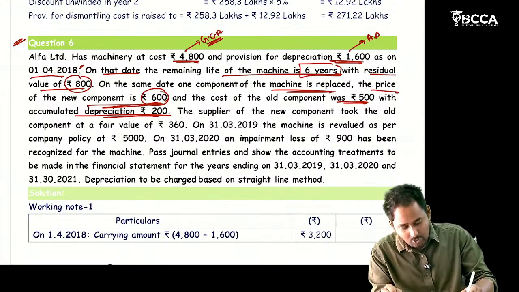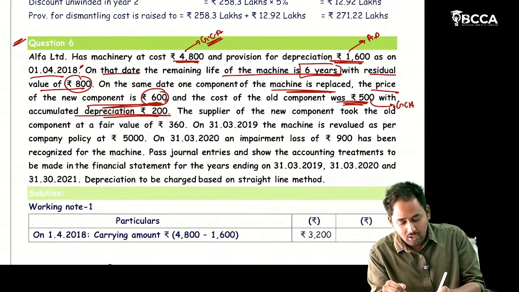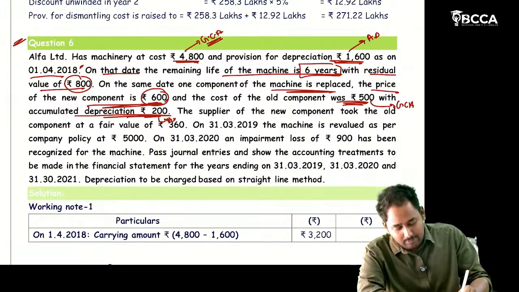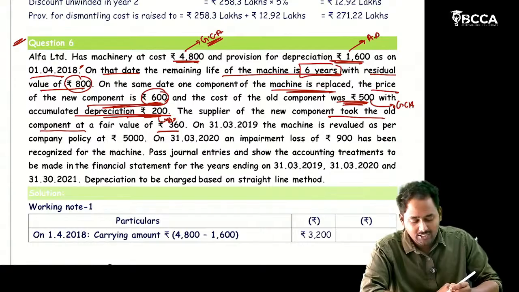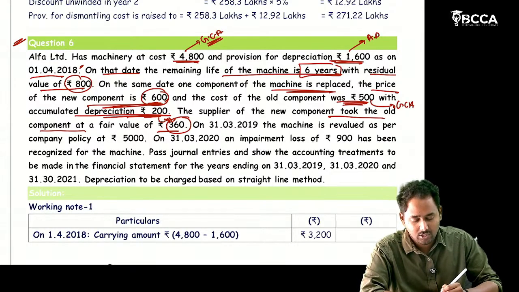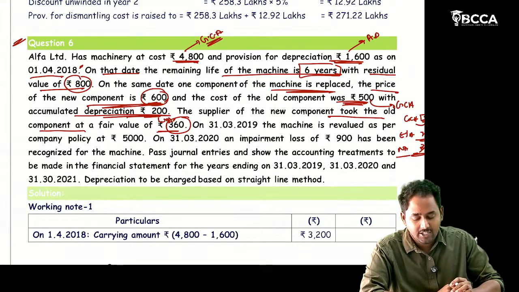Then the cost of the old component is 500. This is the gross carrying amount, and the accumulated depreciation is 200. Then the supplier of the new component took the old component at fair value 360. What is the net carrying amount of the old component? 300, because 500 is the gross carrying amount and accumulated depreciation is 200.